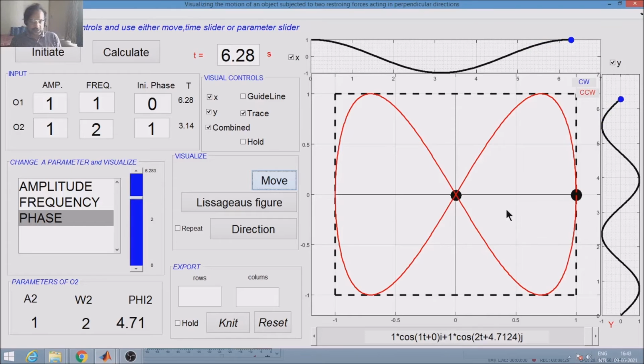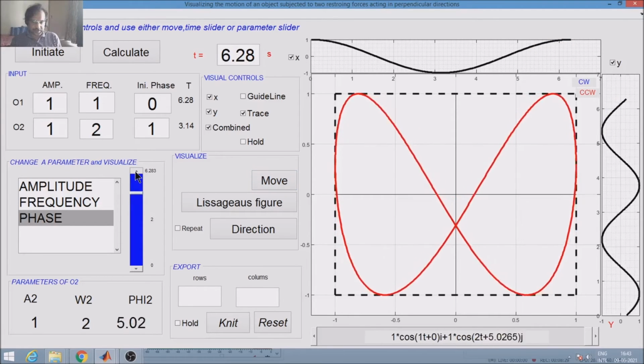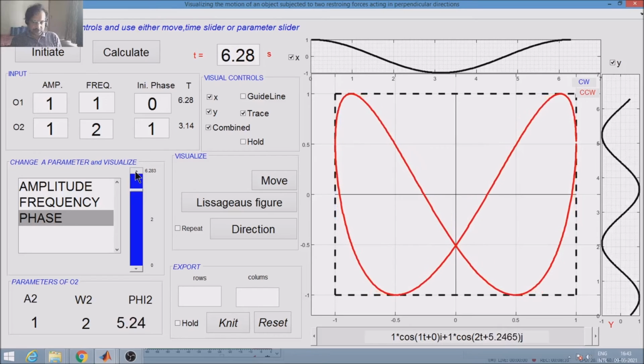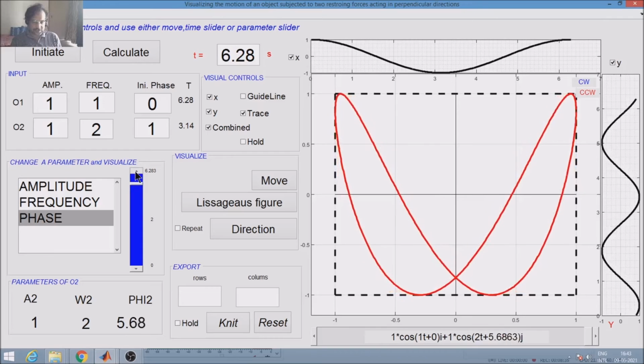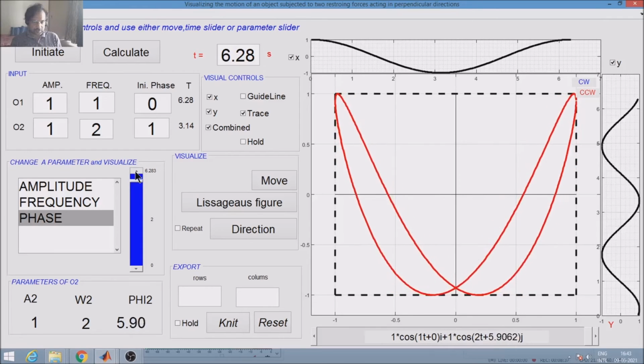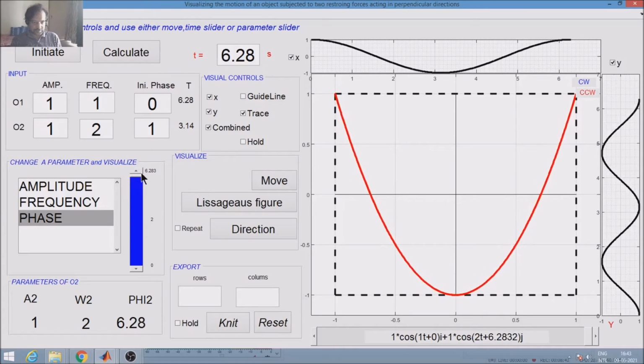So it's a closed figure. So as we continue from 3 pi by 2 to 2 pi, we are getting the shape back of phase difference 0. So this is for phase difference of 2 pi, this is for phase difference of 0.